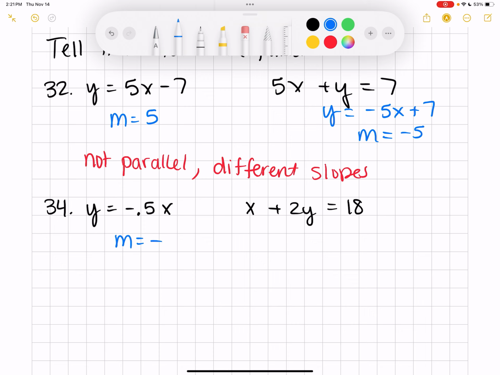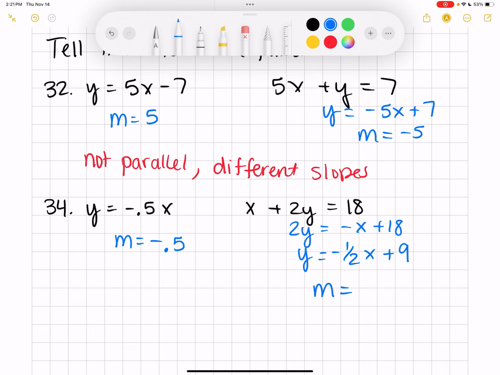Negative 0.5. Over here, I'm not in slope-intercept form, so what do I do? Minus x. So I get 2y equals negative x plus 18. Now what? Divide by 2. So y equals negative 1/2 x plus 9.